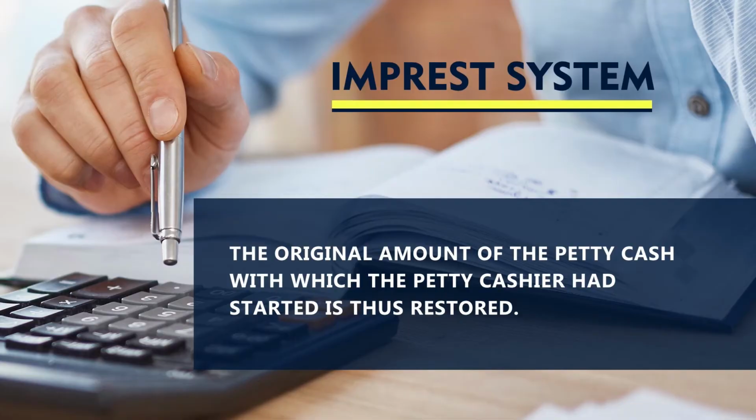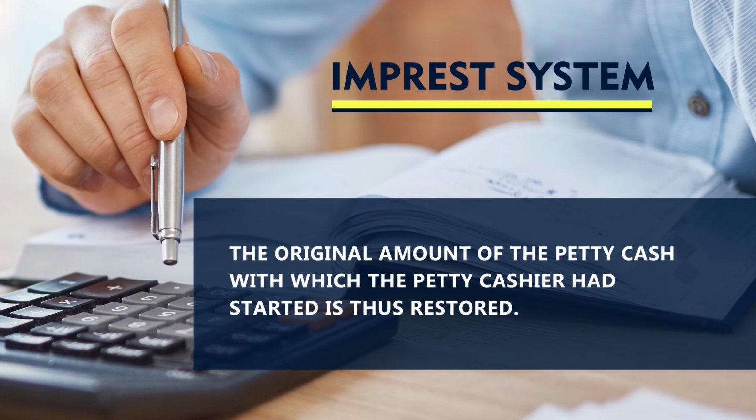Once he is satisfied and makes the cross check that the transactions recorded in the petty cash book are okay, then the amount spent by the petty cashier is reimbursed by the chief cashier. Therefore the original amount with which the petty cashier had started is restored.